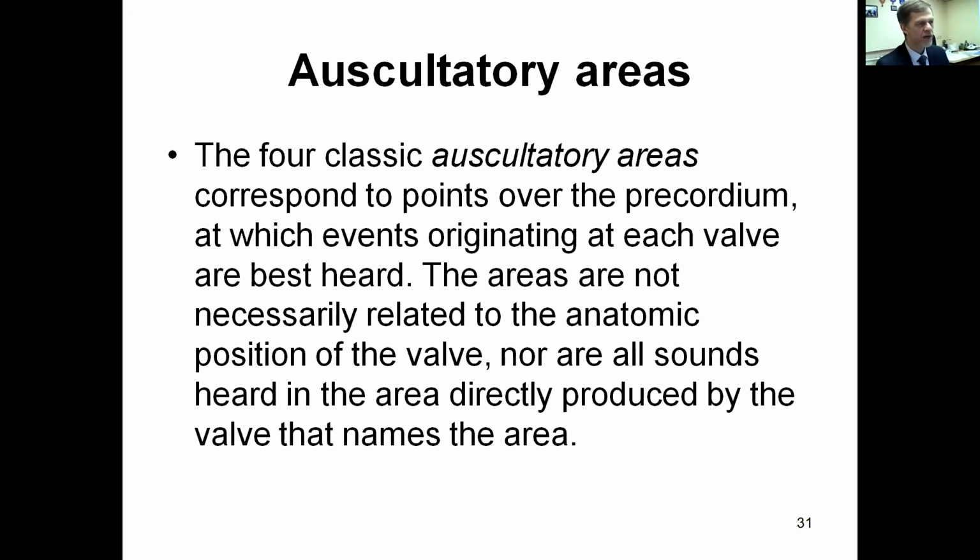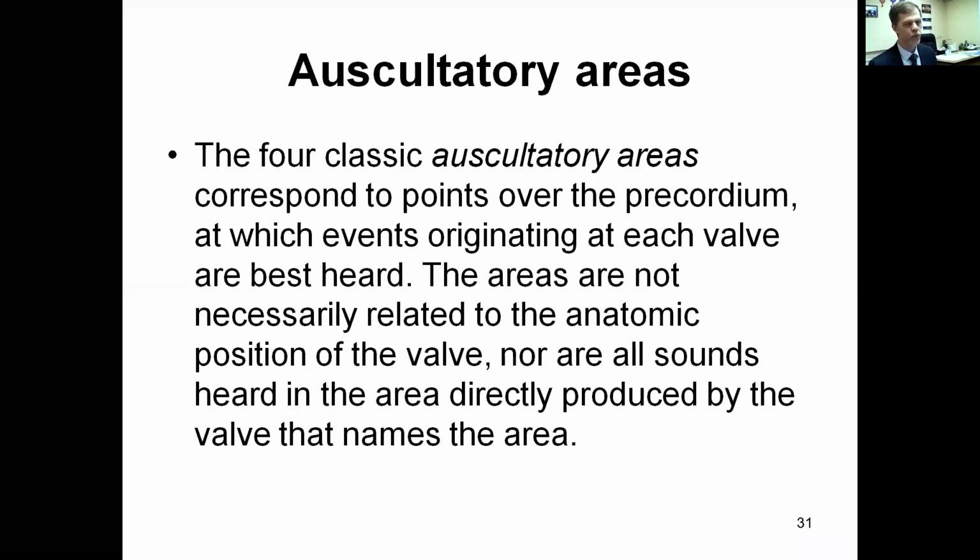We have four classical auscultatory areas corresponding to points over the precordium at which events originating at each valve are best heard. So again, understand one simple thing. All heart sounds are usually created in the valves. The valves are the creators of heart sounds. That's why if we have four sounds, we should have four points to examine each sound.